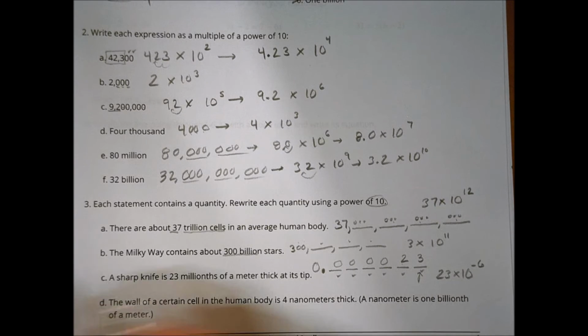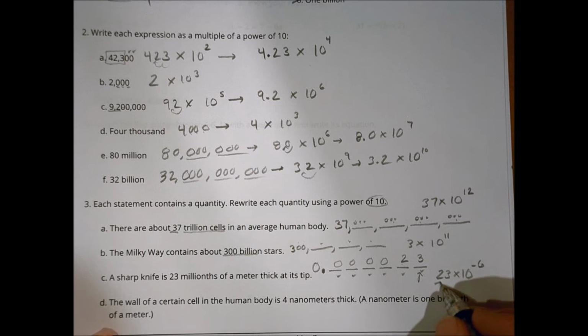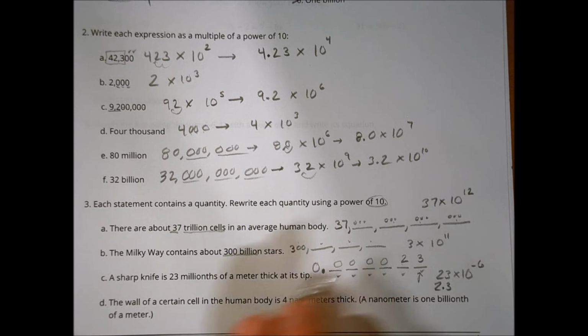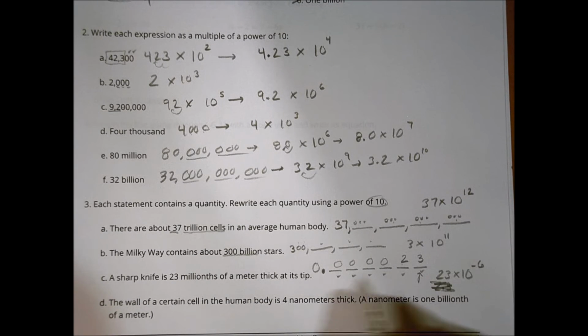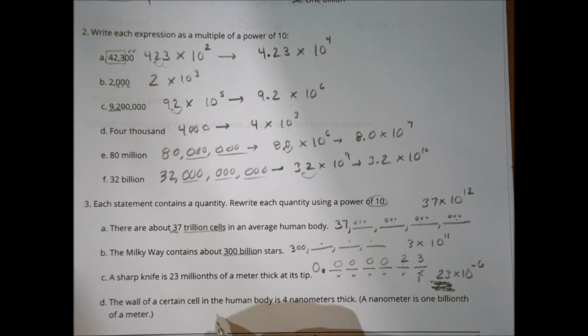If I wanted to make it 2.3 like that, okay, I could do that. But at 2.3, that'd be times 10 to the negative 7. But leave it there.